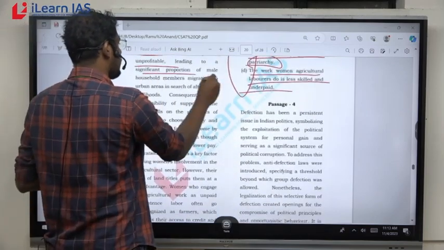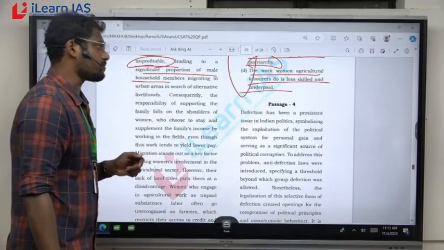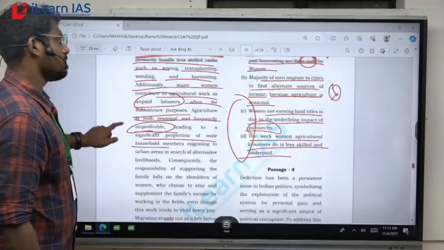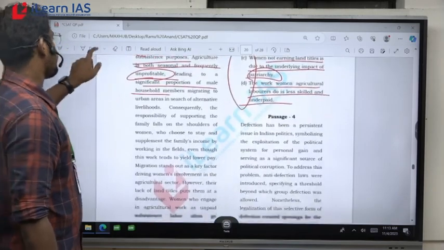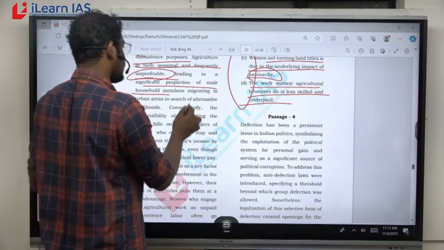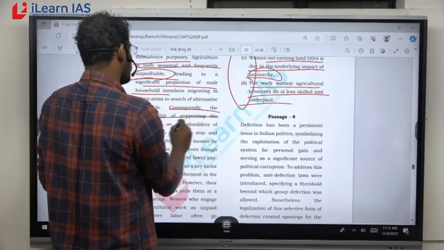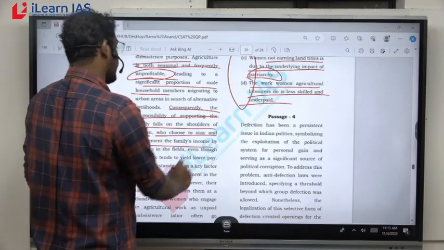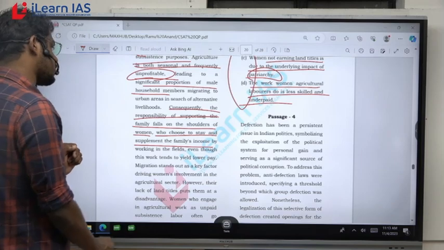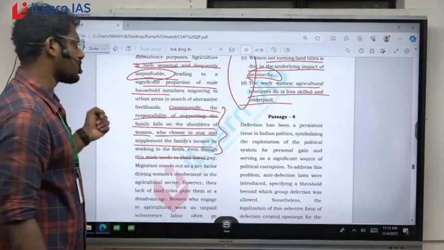So male migrate because of the unprofitable nature of agriculture. Hence, we eliminated option B. Clear? Okay. So our assumptions were correct. Consequently, the responsibility of supporting the family falls on the shoulders of women who choose to stay and supplement the family's income by working in the field, even though this work tends to yield lower pay. So this actually deals with the feminization of agriculture.